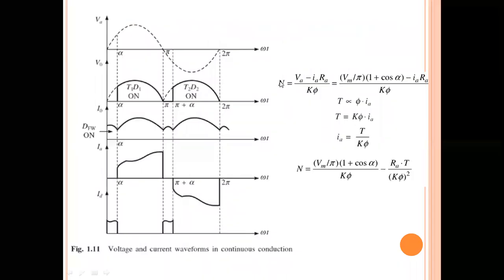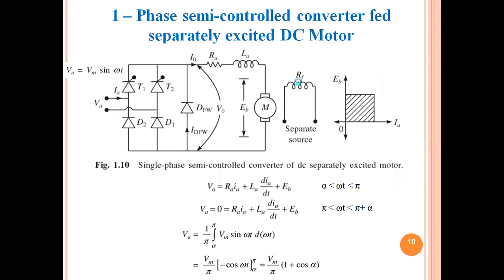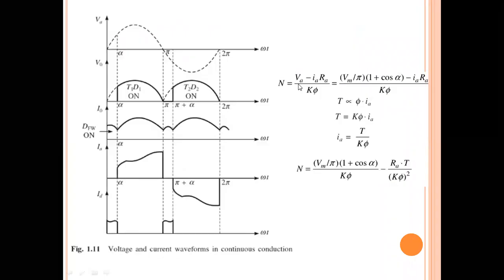But you know EB equal to K phi into speed, constant flux and speed combination, so K phi into N. Bring this K phi here, and you will get the speed equation as VA minus IARA by K into phi. You know VA is the average equation we have derived here, which is Vm by pi into 1 plus cos alpha. Substitute it in the VA term, and you will get this equation.